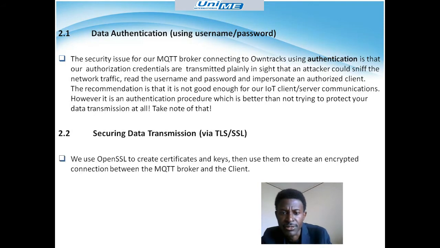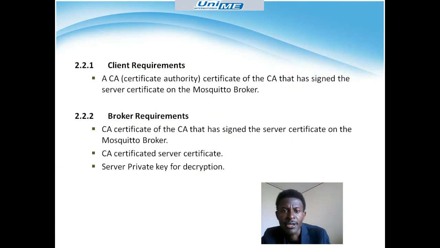Securing data transmission via TLS/SSL. We use OpenSSL to create certificates and keys, then use them to create an encrypted connection between the MQTT broker and the client. Client requirements: a certificate authority certificate of the CA that has signed the server certificate on the Mosquitto broker.